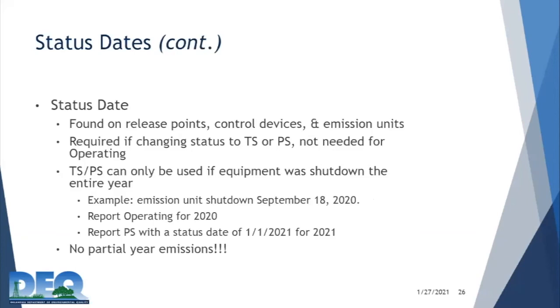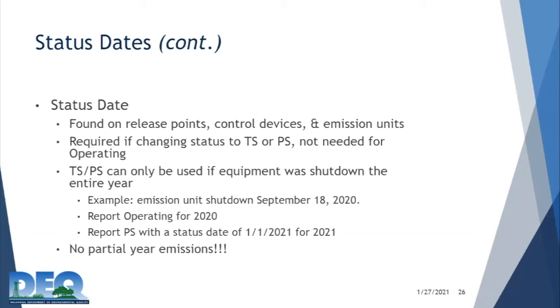The status date is found on release points, control devices, and emission units. It's required if you are changing status to temporarily or permanently shut down. You do have to put a status date in. It is not needed if you are reporting a piece of equipment as operating.